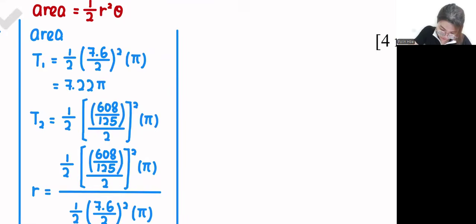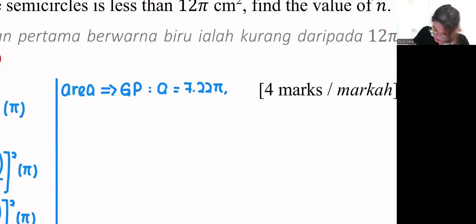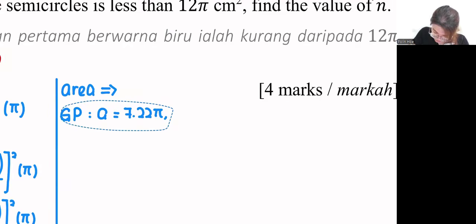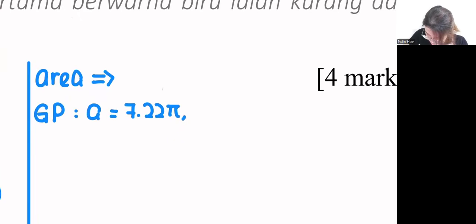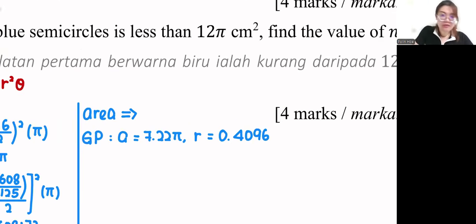Conclusion. It is a GP, my first area is 7.22 pi, my common ratio is 0.4096. This one I can continue.